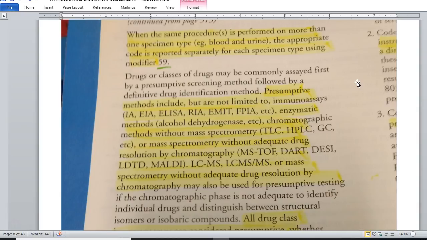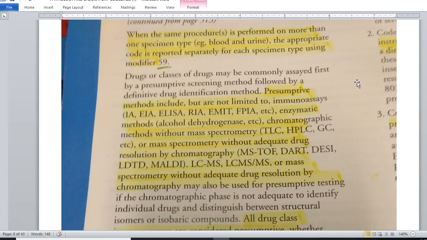So presumptive methods include, but are not limited to, immunoassays like IA, EIA, ELISA, urea, EMIT, FPIA, etc. Enzymatic methods, which are things like alcohol dehydrogenase. Chromatographic methods without mass spectrometry: TLC, HPLC, GC, etc. Or with mass spectrometry without adequate drug resolution by chromatography.